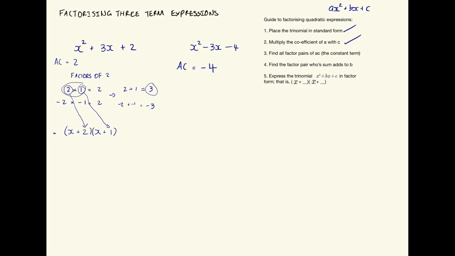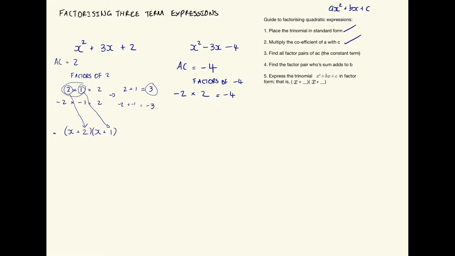Step 3, find all factor pairs of ac. So what factors can we think of that multiply to make negative 4? Let's write them here. So I'll write factors of negative 4. Here we go. They are negative 2 and positive 2, because that would make positive 4. Oh, sorry, negative 4.